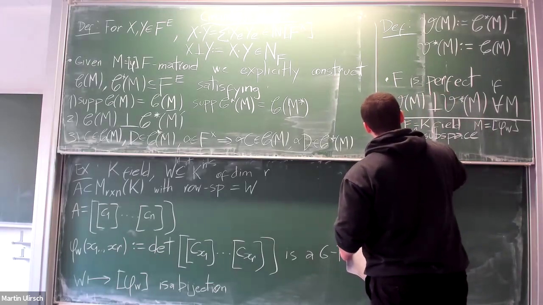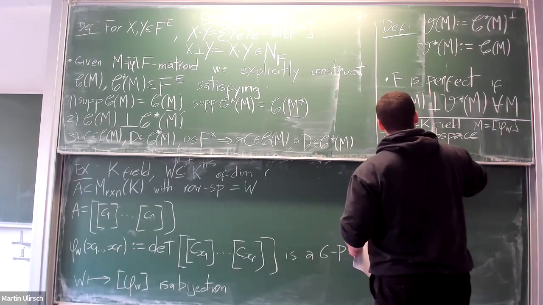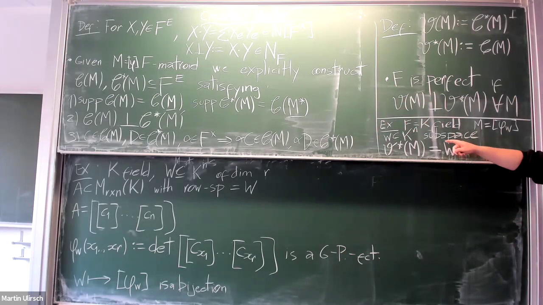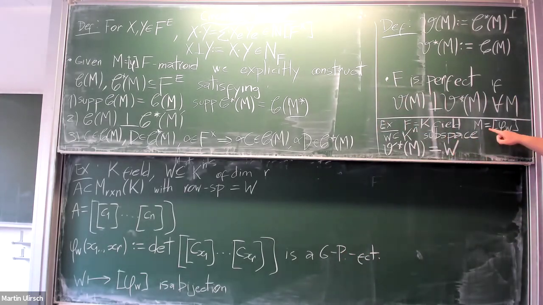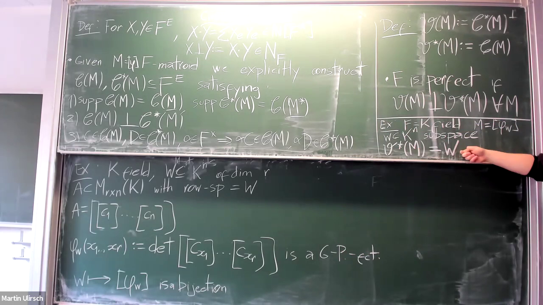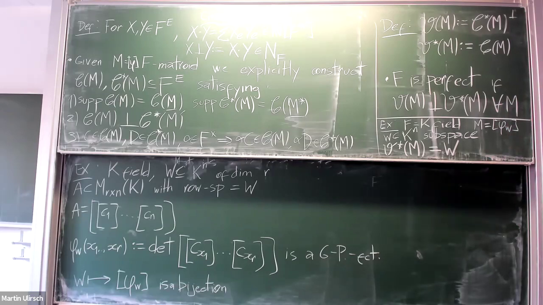The vectors of M is exactly W. So from a subspace, we keep the matroid associated to it, calculate the vector set, and it gives us again W. So here we have a bijection between subspaces and matroids. Okay. This is how we will recover.